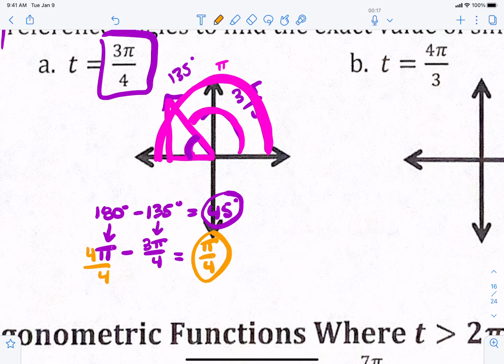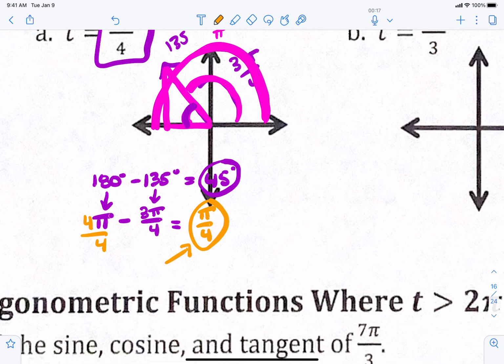So we need to know how to do it. You would have to convert it to degrees and then convert it back, right? If you want to not have to convert to degrees, all you have to do is take pi minus whatever angle you have, right? Does that make sense? So they're asking for the reference angle, and that is pi over 4.